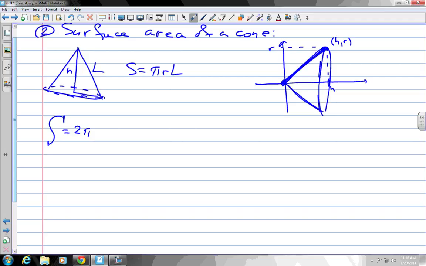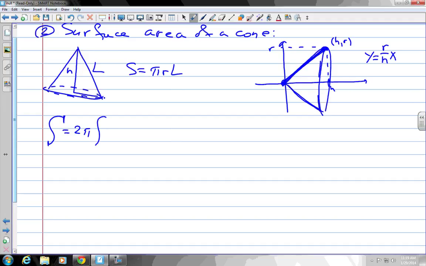Can we come up with that function? Well, just the y equals mx plus b thing. That's the line. So the slope is change in y over change in x, so y equals r over h times x. The y-intercept is 0, so that's it. That's the function. Is that okay? That's what we're going to rotate.